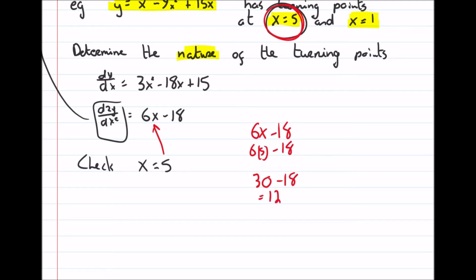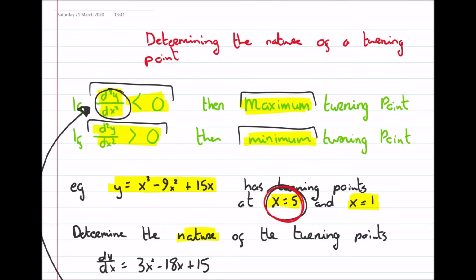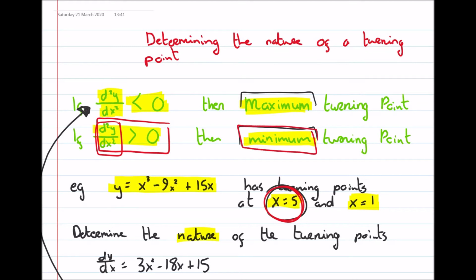Now, 12 is greater than 0. So look back up here. If my function differentiated twice is greater than 0, then that's a minimum point.